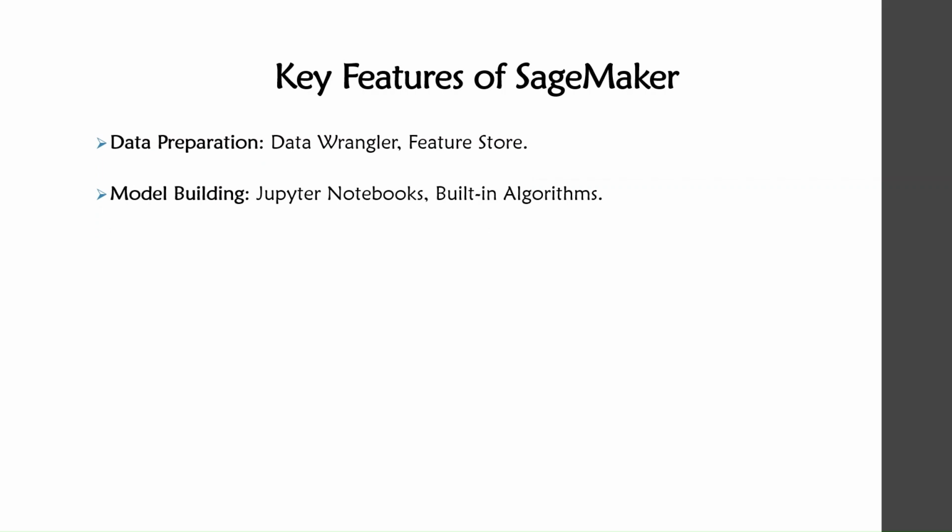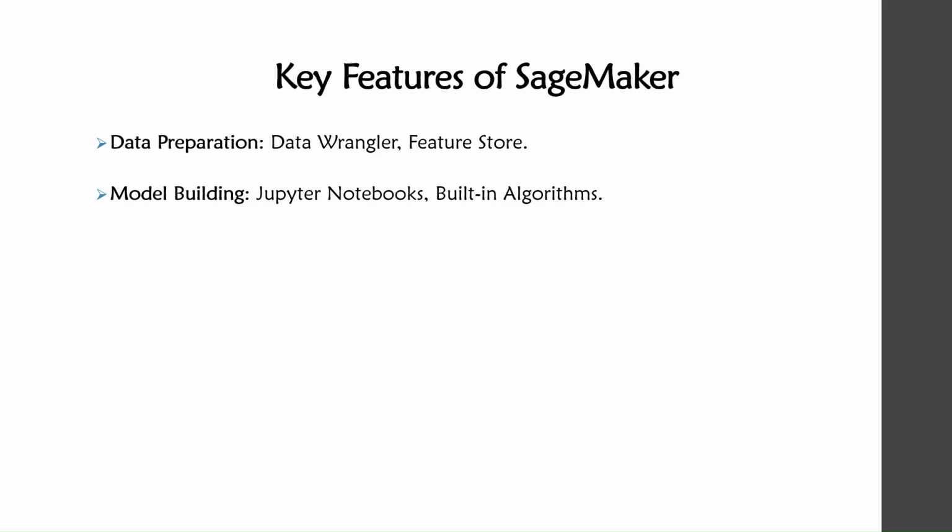Next thing is model building. SageMaker simplifies model development with tools and resources designed for ease of use and flexibility. Here they have Jupyter Notebook, a fully managed environment to code, experiment, and collaborate, pre-configured with popular libraries and frameworks like TensorFlow, PyTorch, and scikit-learn, and easily integrated with AWS services for data access and visualization.